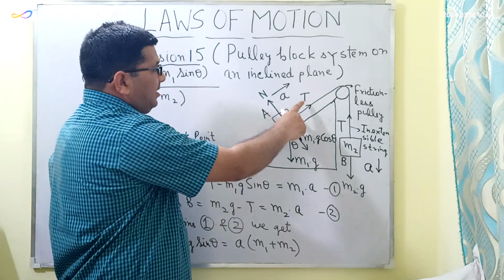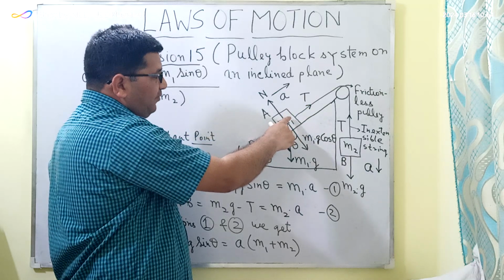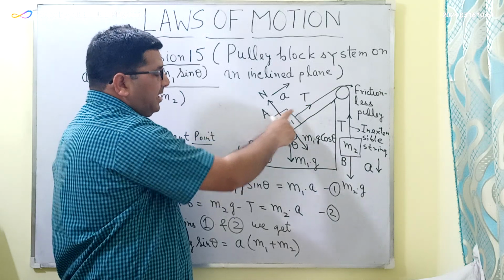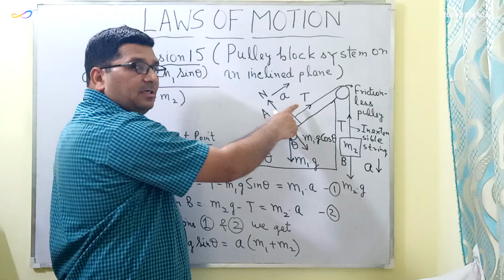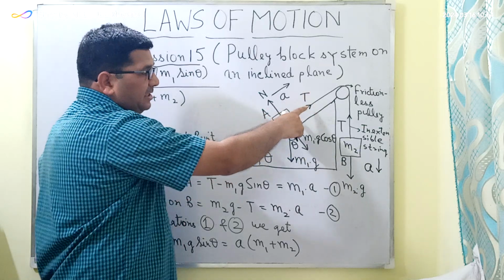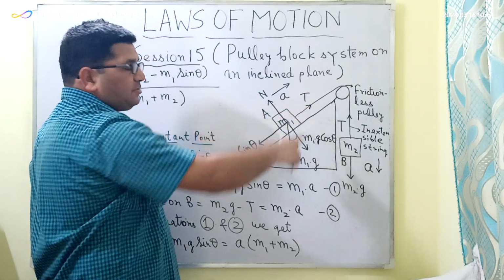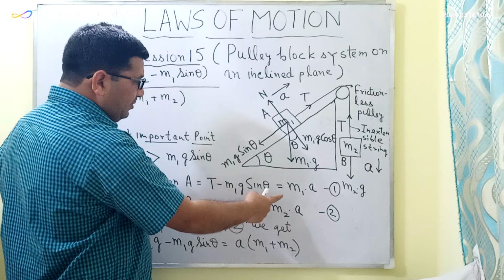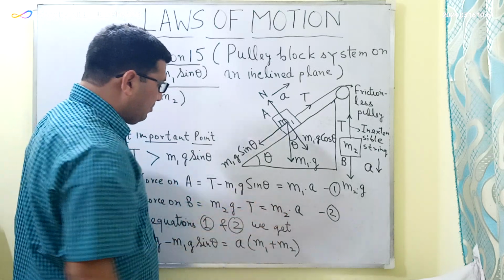So the net force which is acting on this block A will be generating the common acceleration, and based on this concept I was able to derive this equation number 1.